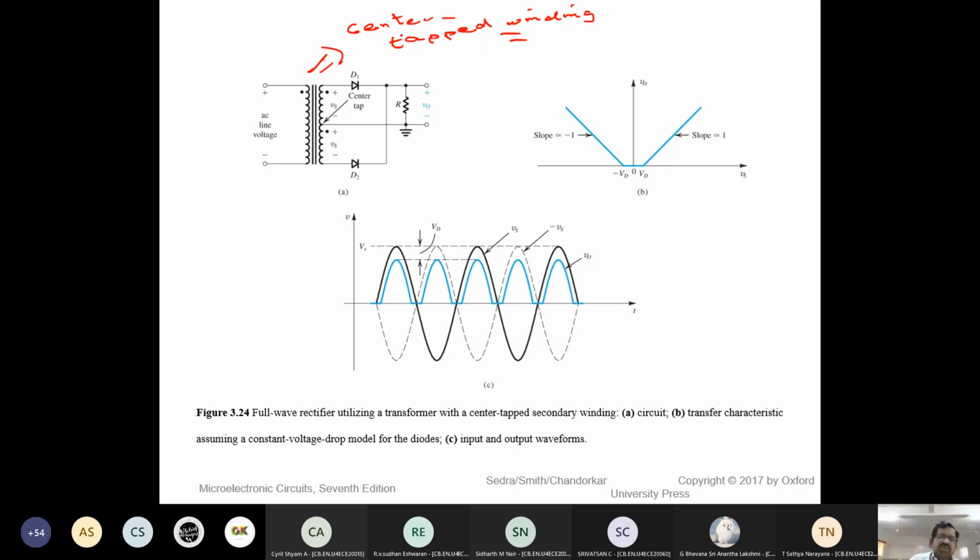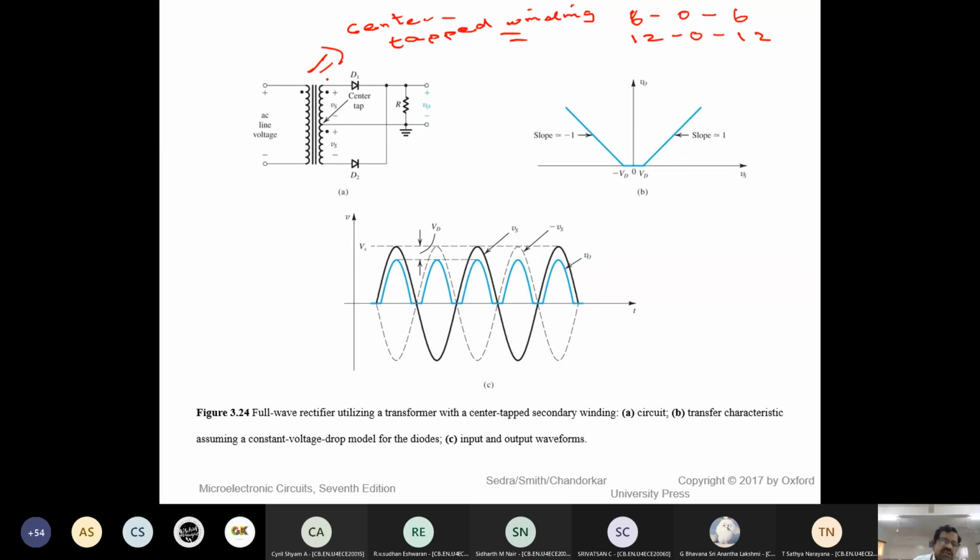If you ask for a transformer with the center tap winding, standard voltages available are 6-0-6, 12-0-12. What it means is there will be 3 terminals. In the center tap transformer there will be 3 terminals in the secondary. In the primary coil you have 2 terminals. Across the 2 terminals of the primary, you connect to the line and get the input to the transformer.